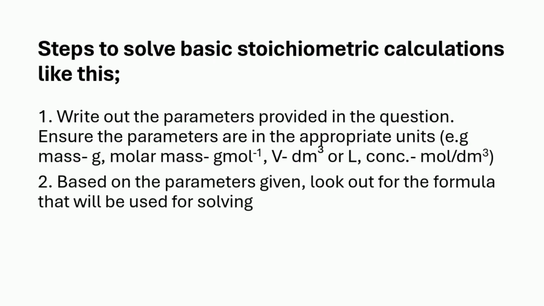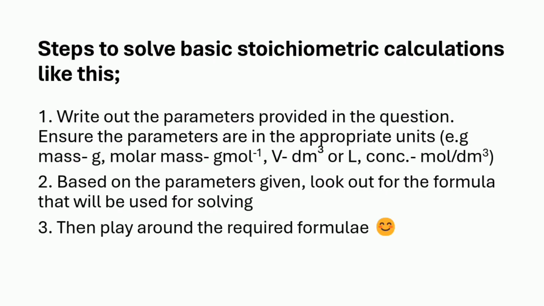The second thing is that based on the parameters you're given, you look for the formula that will be used from the four major formulas I gave earlier. The third thing is that you play around with the formula. Note these three major steps, and let's try them out.